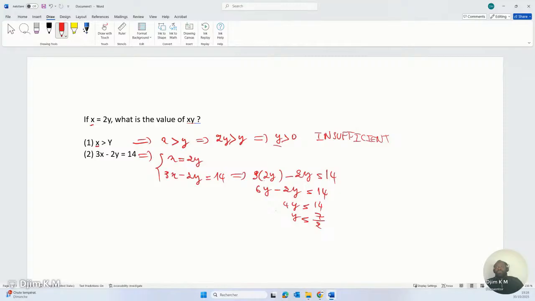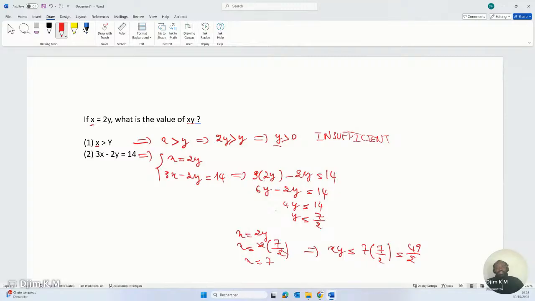And since we have the value of y, we can find the value of x. X is equal to 2y, so x is equal to 7. That means xy will be equal to 7 times 7 over 2, which is 49 divided by 2.